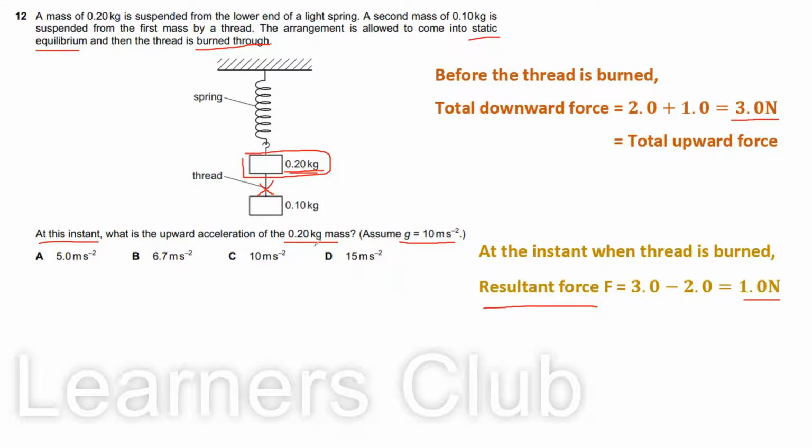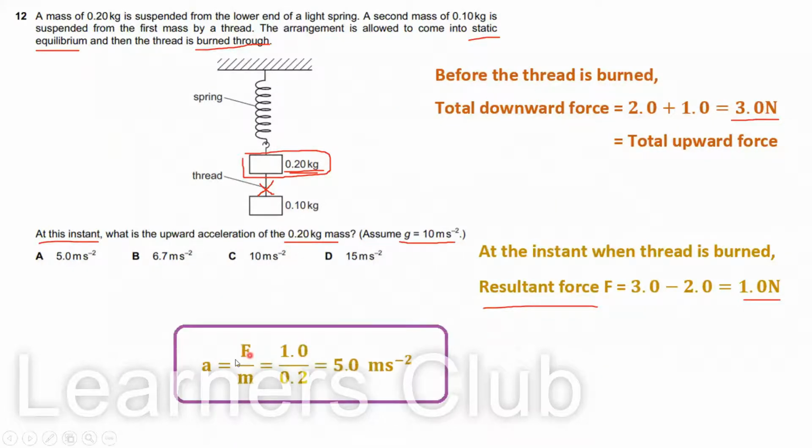And what's the acceleration of this mass? Force is equal to mass times acceleration. Acceleration is equal to the resultant force, 1.0 newton, divided by the mass we consider for the acceleration, which is 0.20 kg. So the answer is 5.0 meters per second squared. The answer is here.